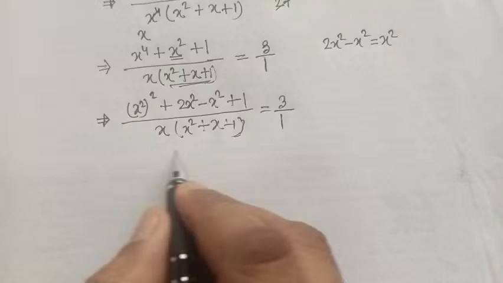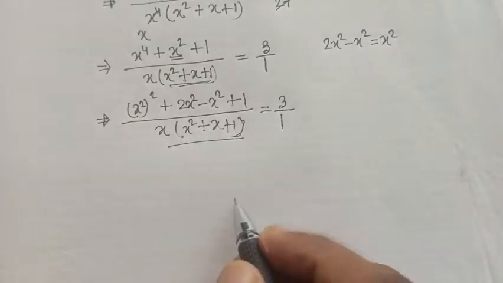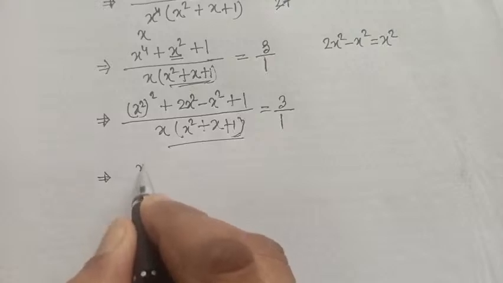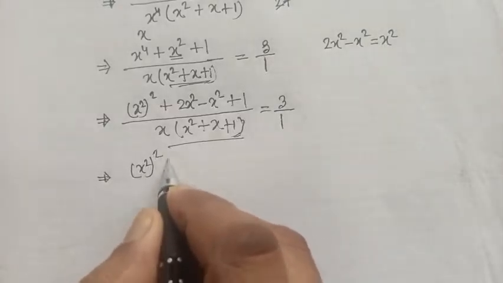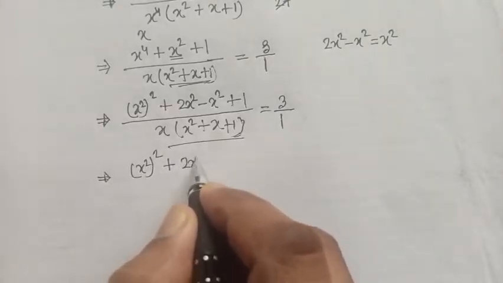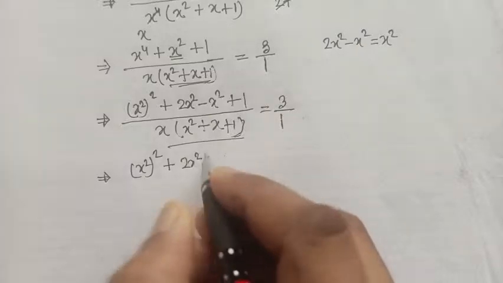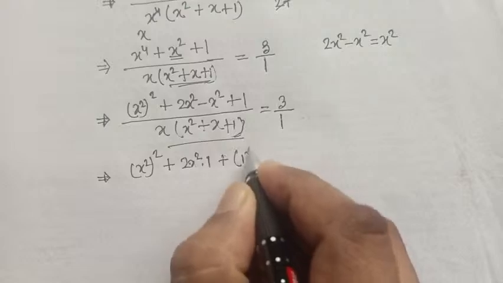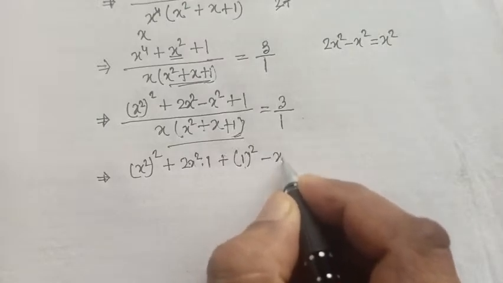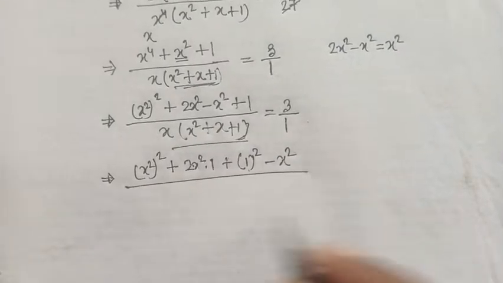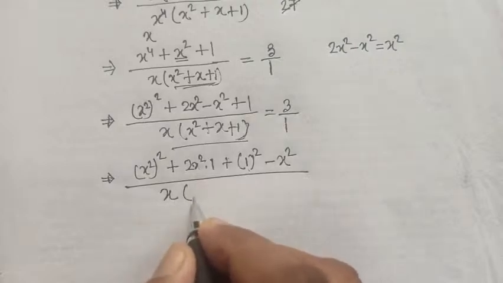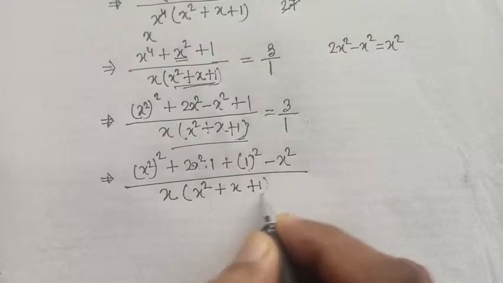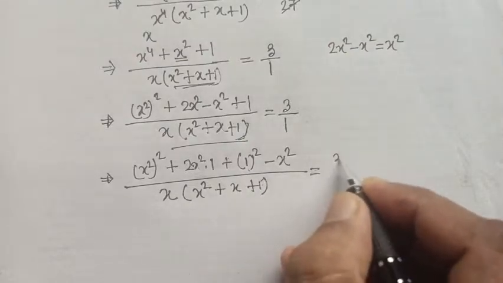This part will remain the same. Now we are expressing the equation in a simplified way: x squared into 1 plus 1 squared minus x squared, and the denominator should be the same, x squared plus x plus 1, equals 3 by 1.